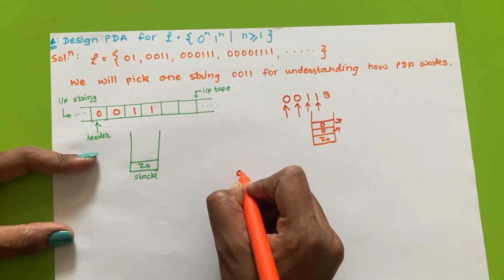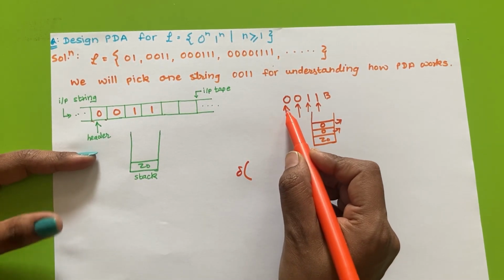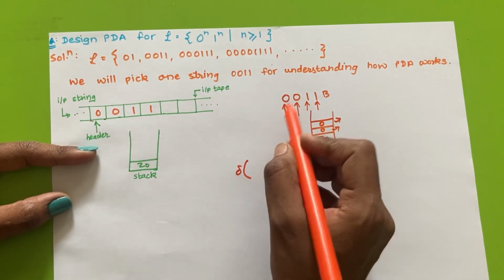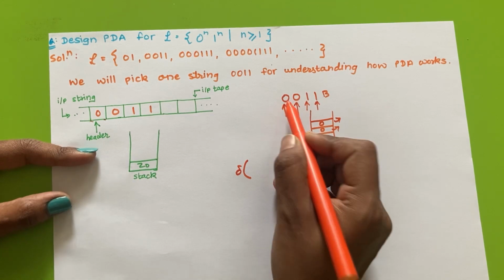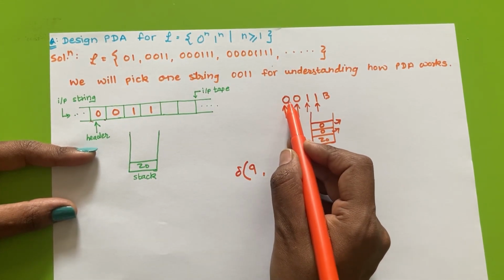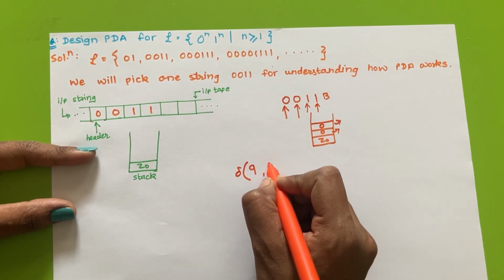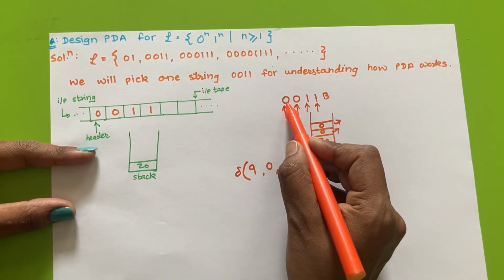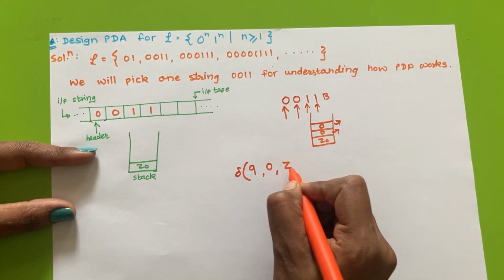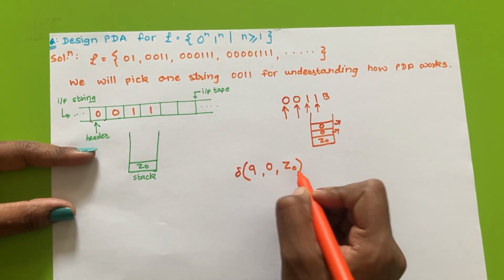So the first condition for this 0 was like, we are reading input symbol 0, so suppose we are in state Q and we are reading input symbol 0, and while reading this 0, our top of stack was Z0, so this will be represented as Z0.